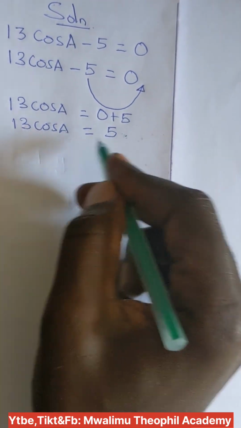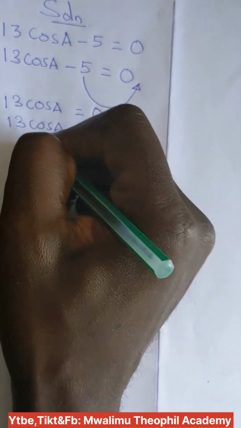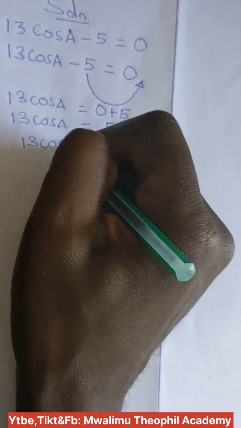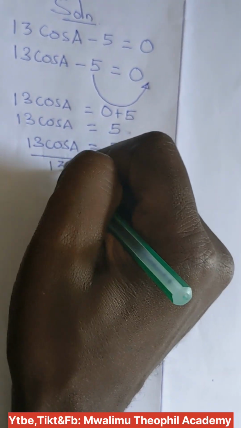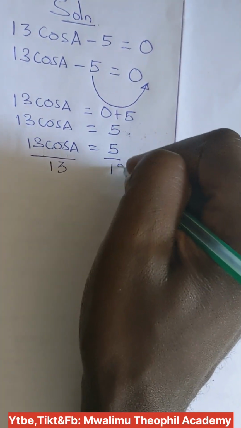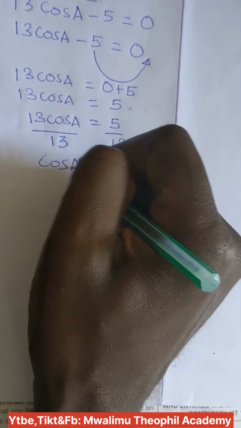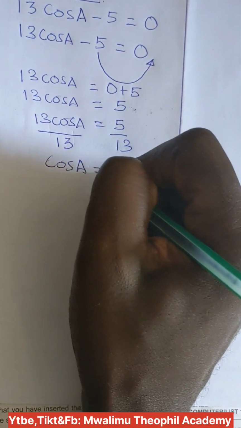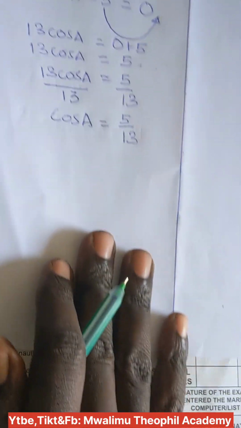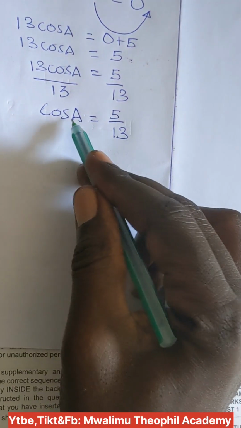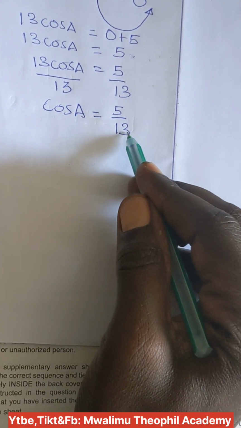Let's divide by 13 both sides. We're going to have cos A is equal to 5 divided by 13.